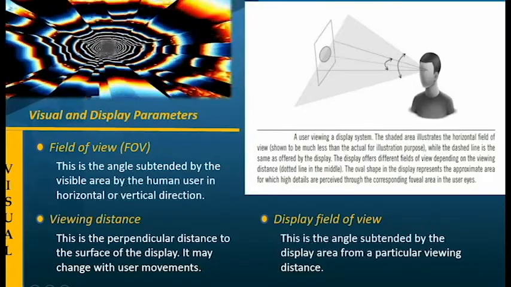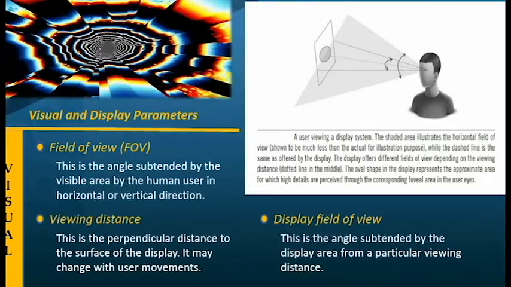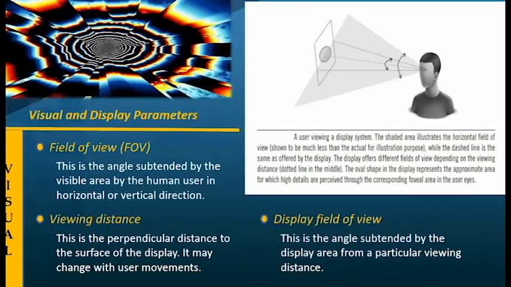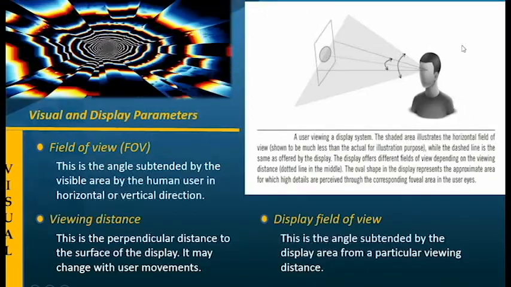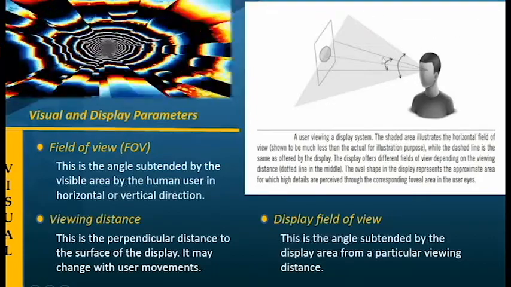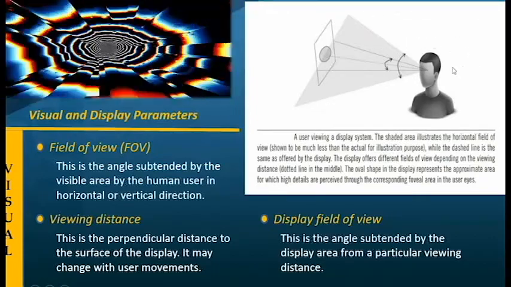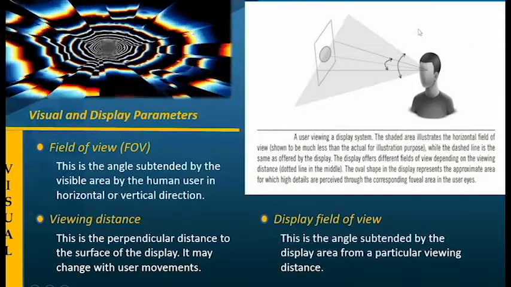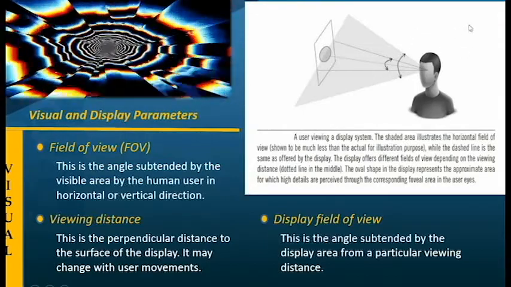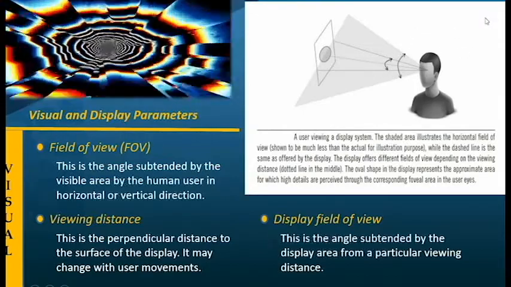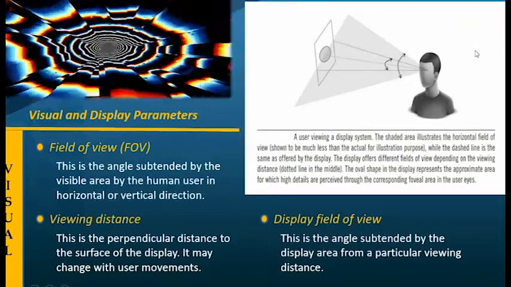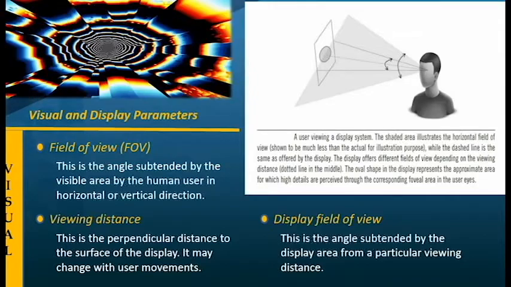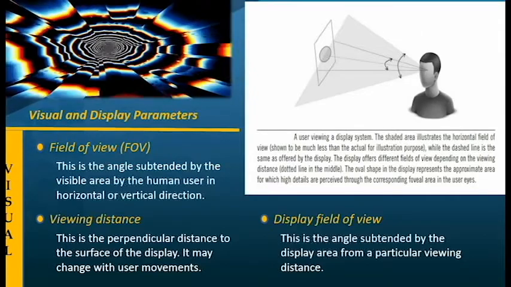So the display FOV will be different at different viewing distances. Depending on where you view from, your field of view, the shaded area, will change. If you move to the side, your field of view will change. It depends on your viewing distance.